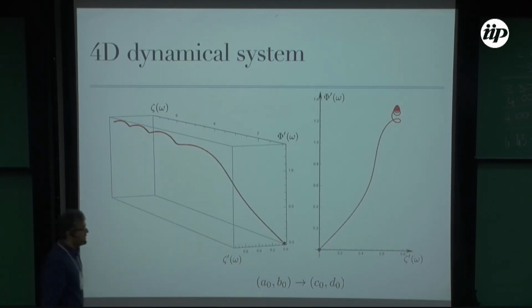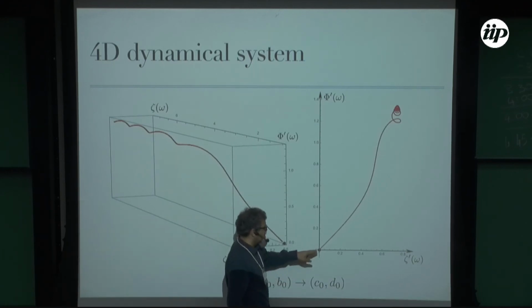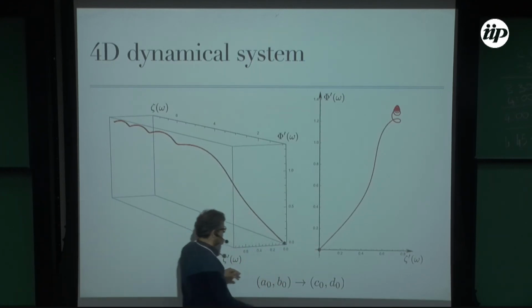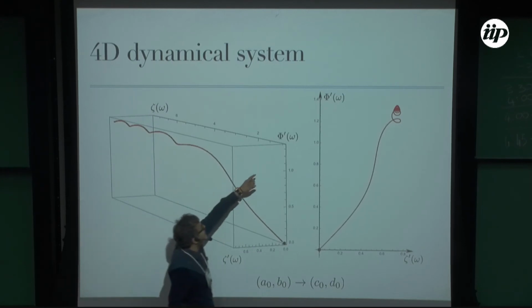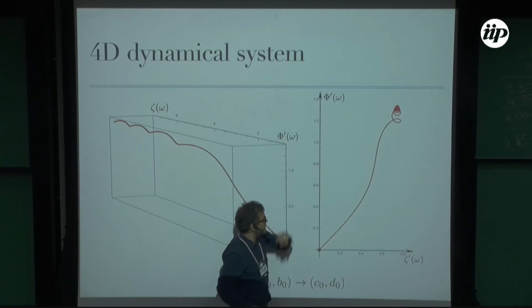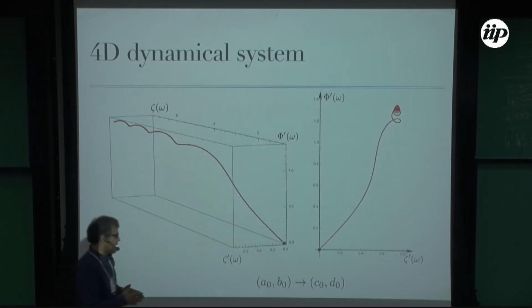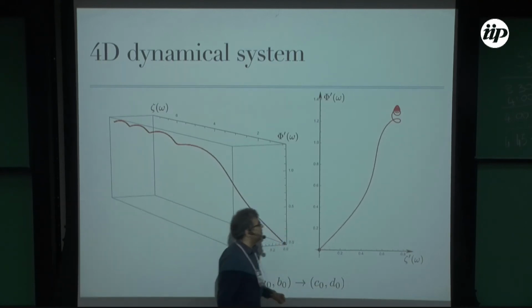If you try to solve this system, you can solve it in Mathematica, it's very easy. If you start with some A0 and some B0, which means that you start with some value here, for instance about 1, because the scaling is, the 0 is here, the system selects a C0 and a D0.